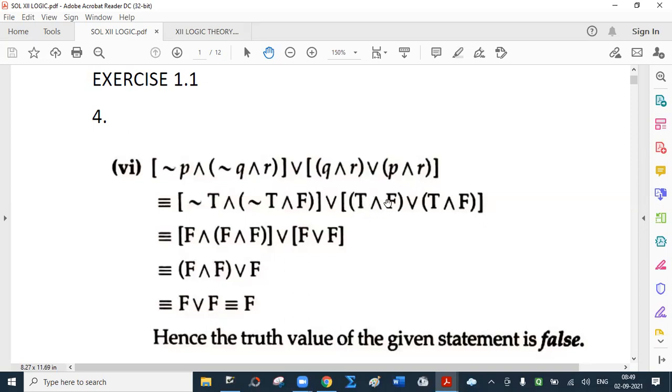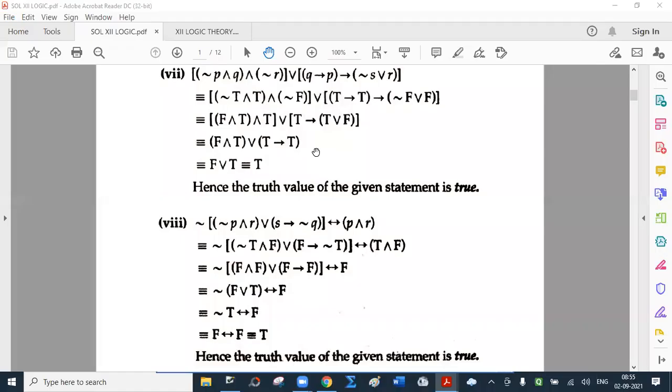Second bracket, true and false is false. Here also false. What is false or false? False only. So disjunction of false and false is again false. Write down. So this is 7th and this is 8th.